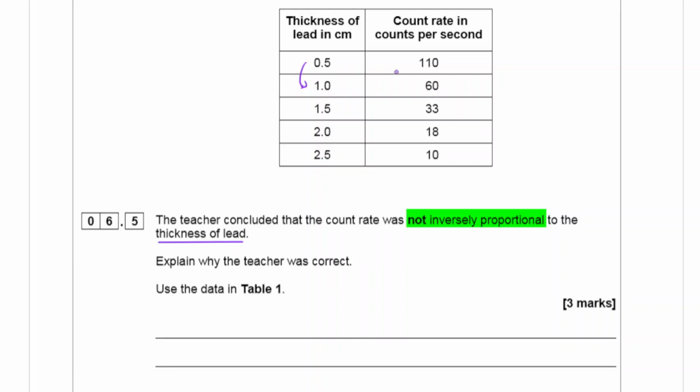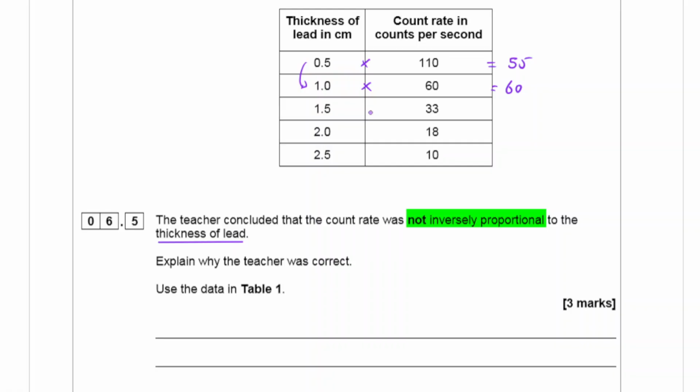So if I multiply the thickness by the count rate, I should get a constant value if it was inversely proportional. So let's multiply 110 by 0.5, that would be 55. Multiply 1 by 60, that is 60.